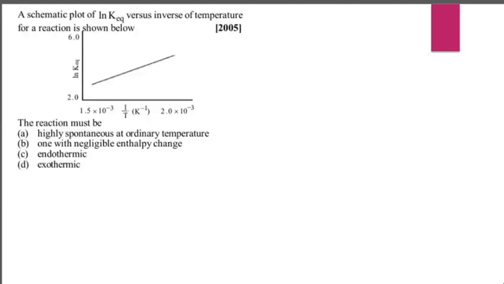This is an important sum of the Arrhenius equation. Coming from the Arrhenius equation, this is the plot, and you must say the reaction must be highly spontaneous at ordinary temperature, one with a negligible enthalpic change, endothermic, exothermic. Before doing that, let us write the Arrhenius equation, which says k equal to A, the Arrhenius factor, times the exponential term e to the power minus EA by RT.